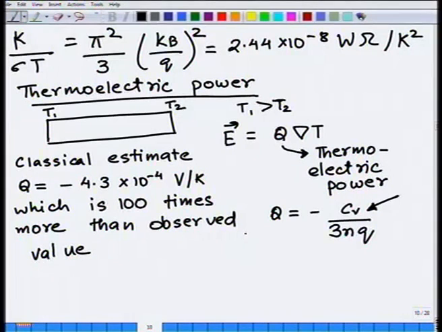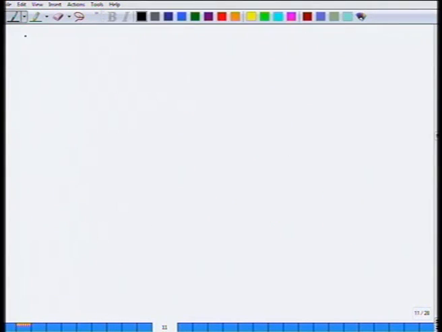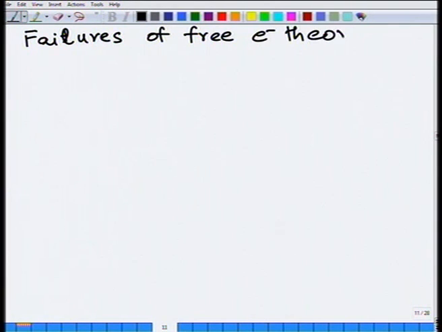Now let's also look at the failures of free electron theory, and there are many. Notice, what about the Hall coefficient?